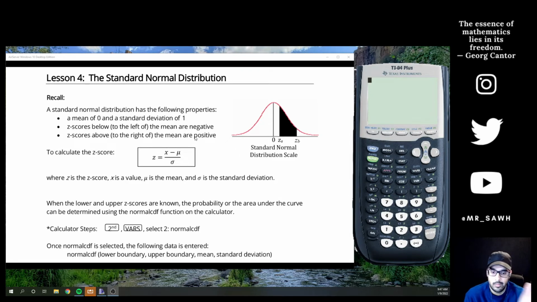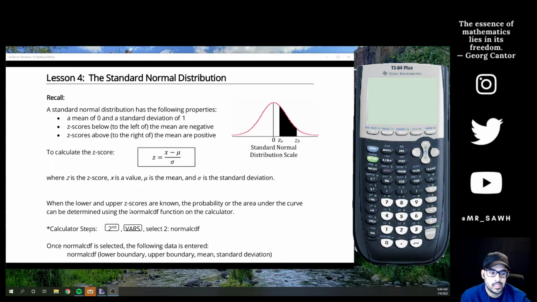I could separate my positive and negative values as being above or below the mean. And we had a formula to do that, where the z-score was a specific data point you were looking at. We called it x. We subtracted out the average and divided by the standard deviation to figure out exactly how far away from the average it was.